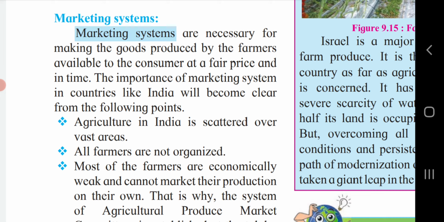So the importance of the marketing system increases. Nowadays, agriculture produce market committees help farmers sell the produce, and institutes like farmers' organizations, consumer societies, etc. protect the farmers from exploitation by agents and mediators. Some of the farm produce is directly made available to industries as raw material.